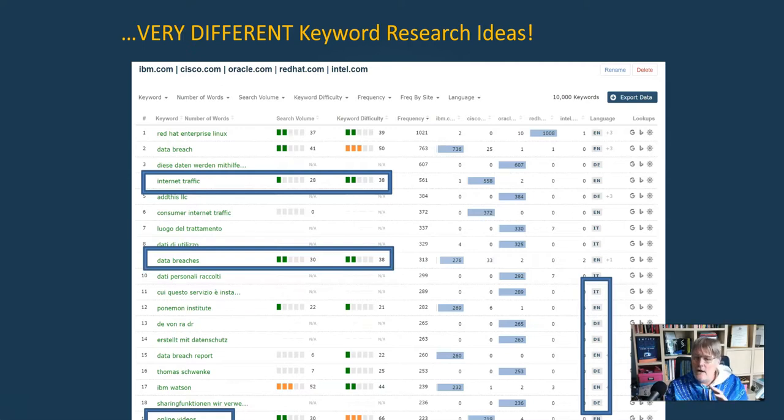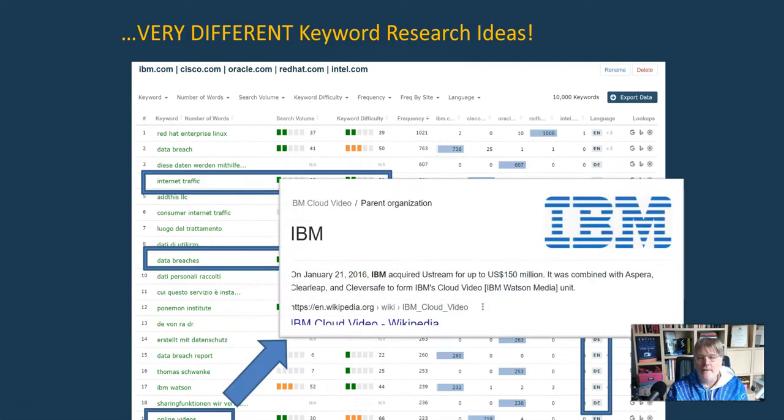So these are quite different research ideas, and we start to see that these businesses that we might consider to be competitors tend to be focusing on quite distinct and different areas, and they're trying to differentiate themselves fairly effectively. We can also see the languages from this information. For example, we see that Cisco's got a lot of stuff around online videos, and then we find that IBM acquired Ustream in 2016 for some $150 million.